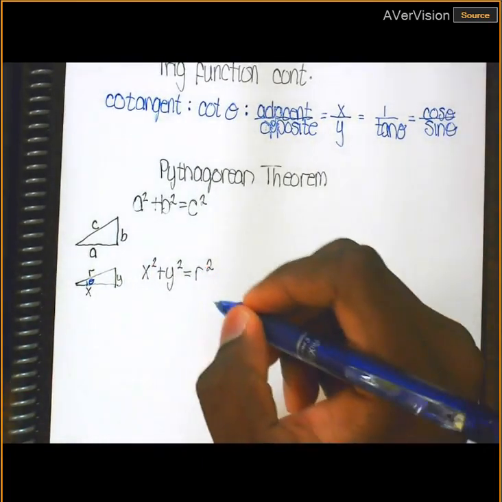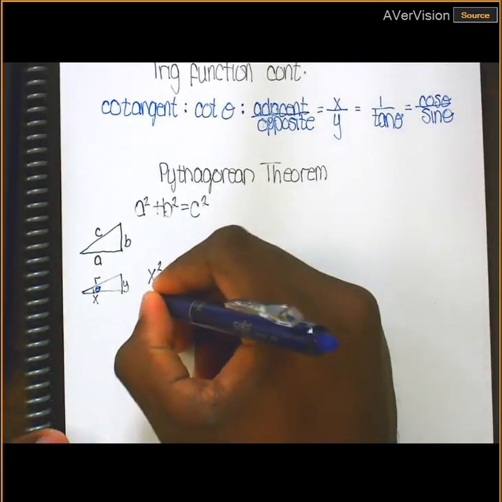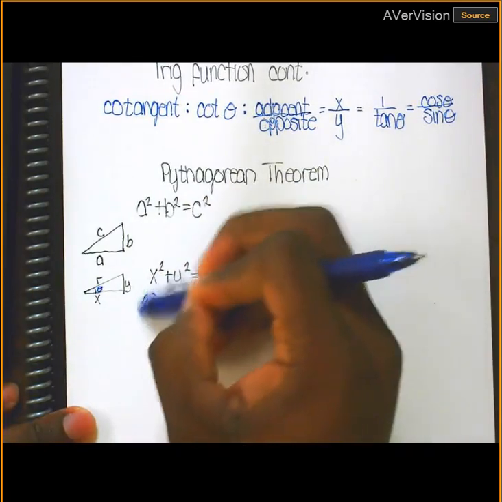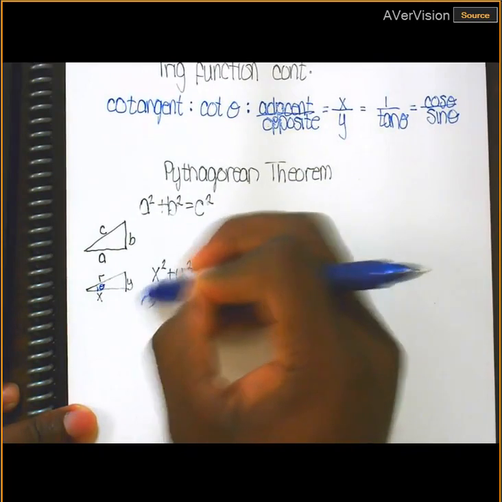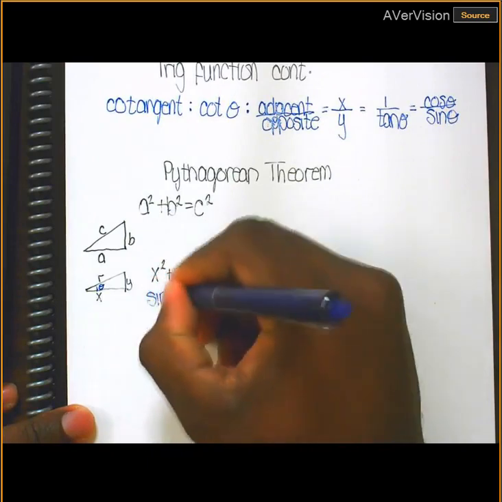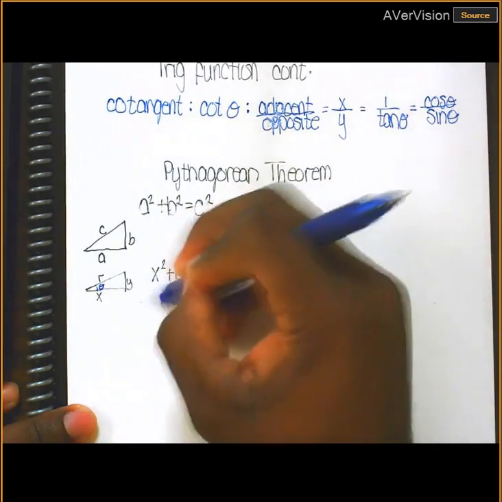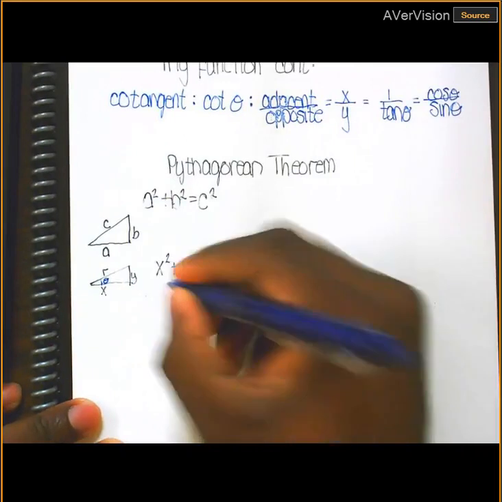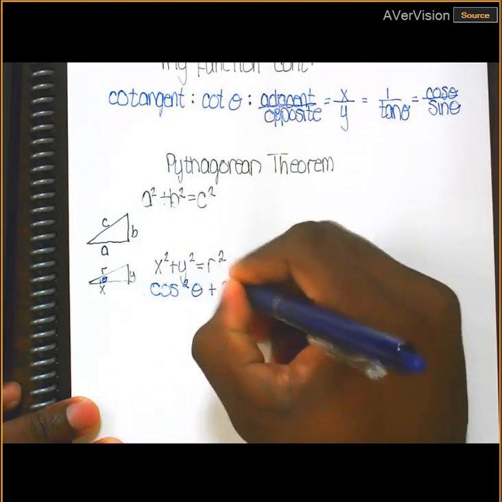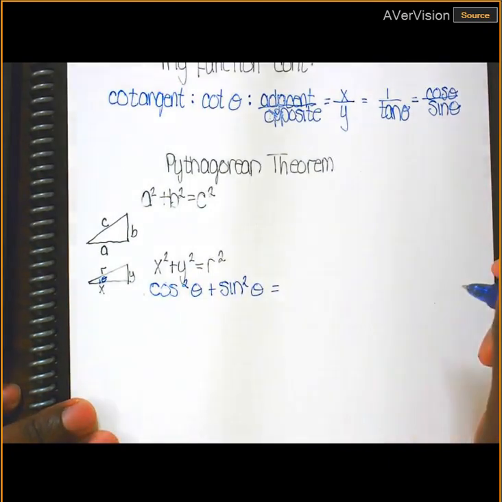So we can rewrite our Pythagorean's theorem using sine and cosine. Do you remember what the radius of the unit circle is?